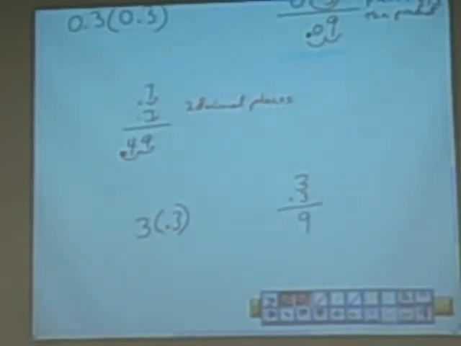Now how many decimal places? Just 1, right? Well, if you just put a little tiny point, it could be easy to mistake that 0.9 for just 9. So that's why I tell you to put a 0 in front of it, and you're less likely to mistake that for a 9. But without the 0, that is just as correct as if there's a 0.9 there.